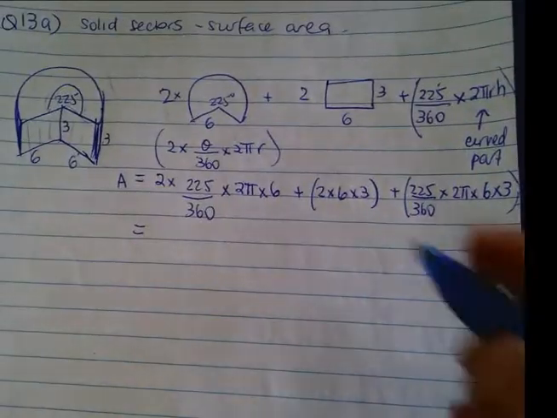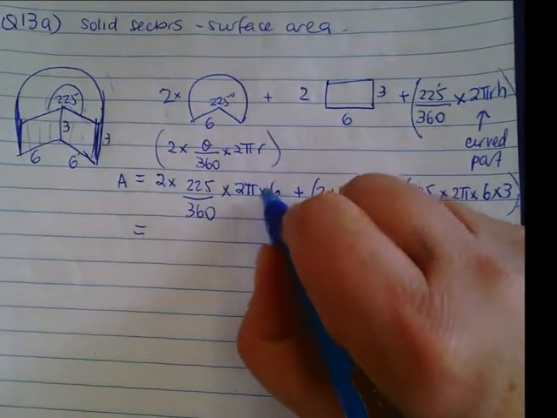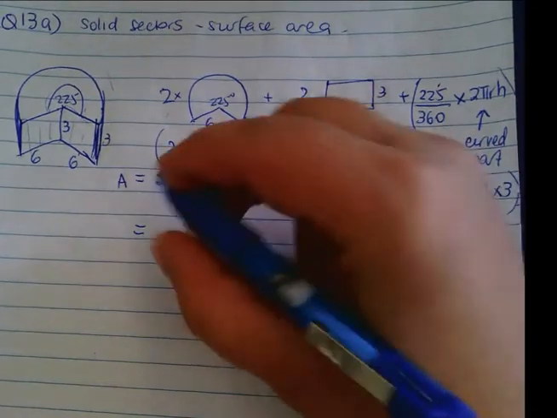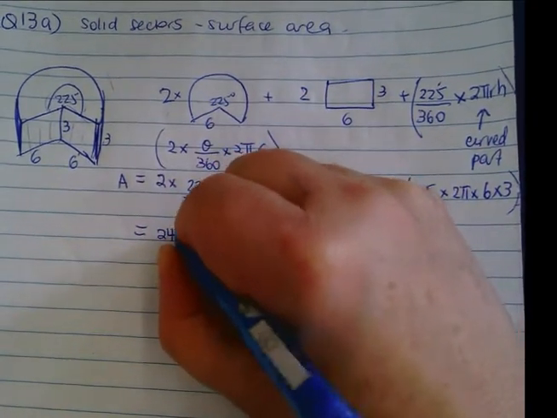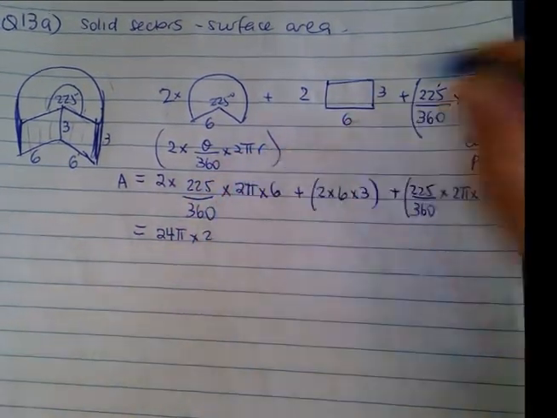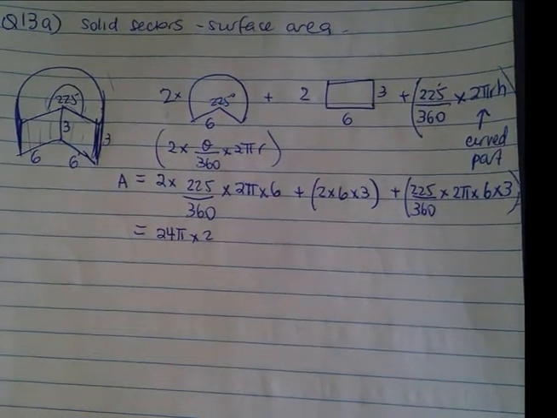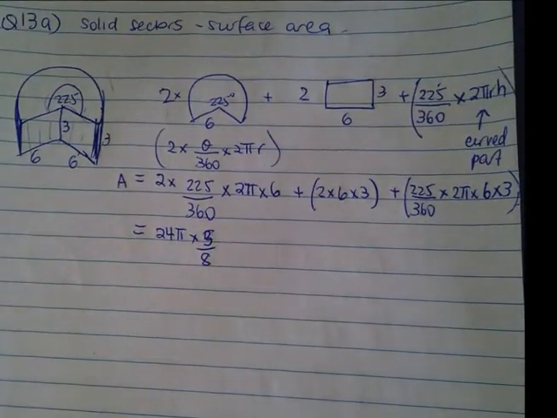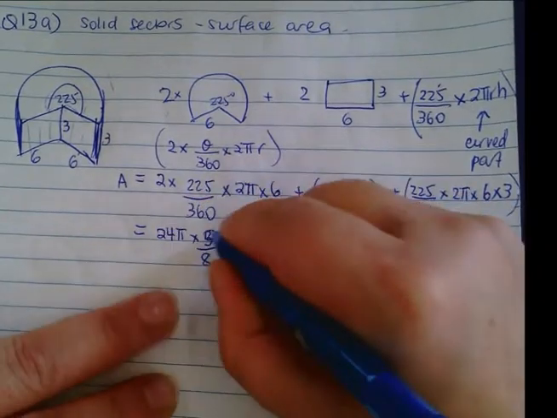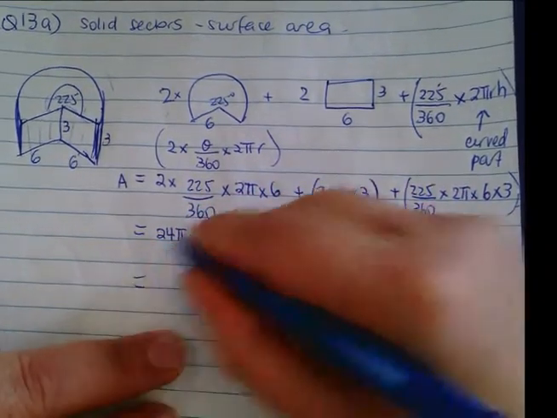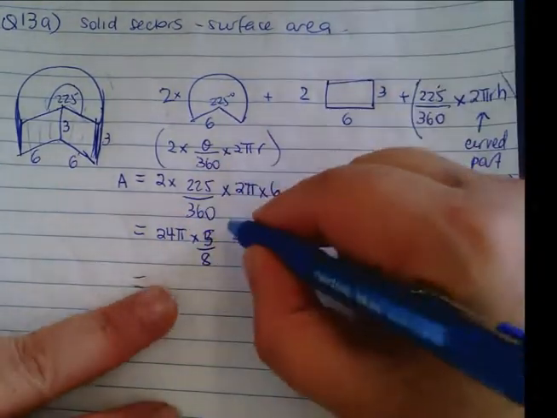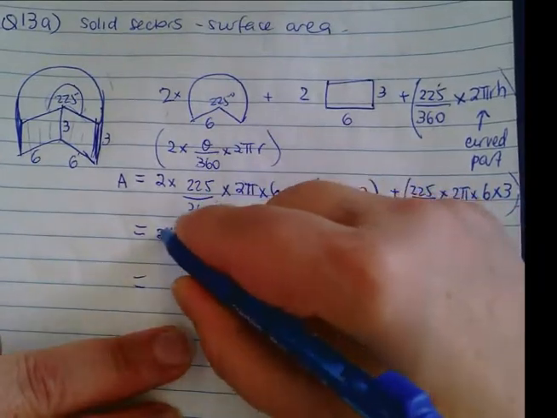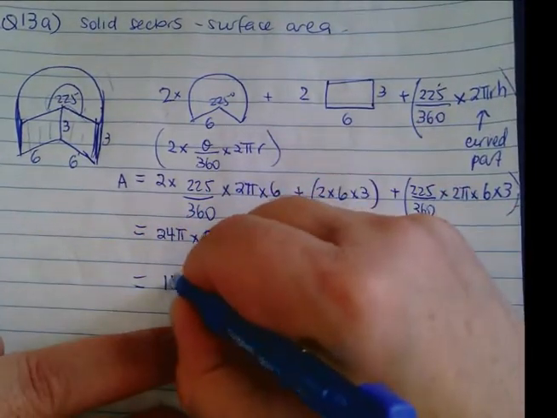So now working this out, I've got 2 times 2 times 6, that's 24 pi times 225 over 360. I'll simplify that fraction, or you can, it is 5/8. But you could do it all in one go. From here I can see if 225 over 360 is 5/8, 8 goes into 24 3 times. This is actually 15 pi.